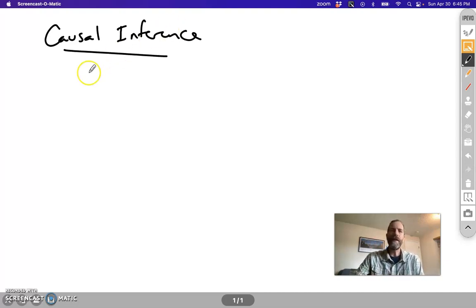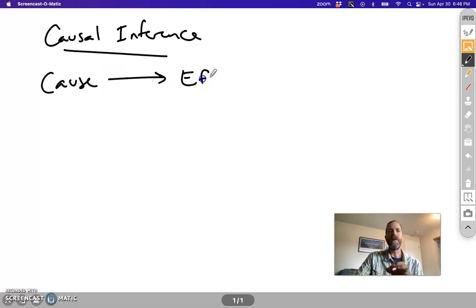A causal inference is an inductive argument, therefore, and there are two directions that it can go. One direction is from what we believe to be a causal relationship between two things, helping us to infer an effect. A good example of that would be you just realized that you left bread in the oven and have no timer to turn off the oven.